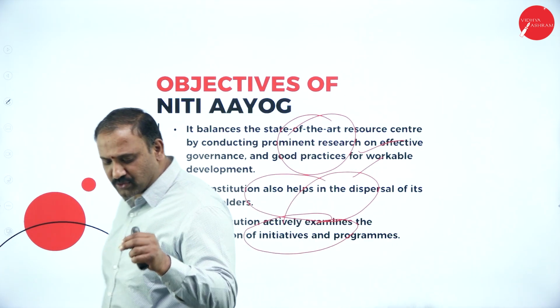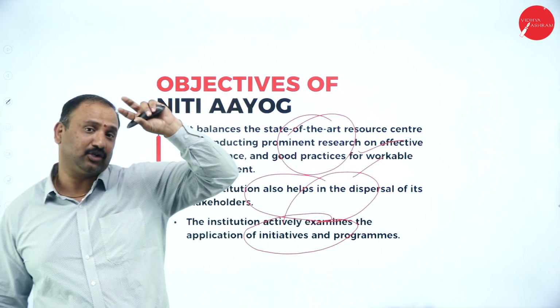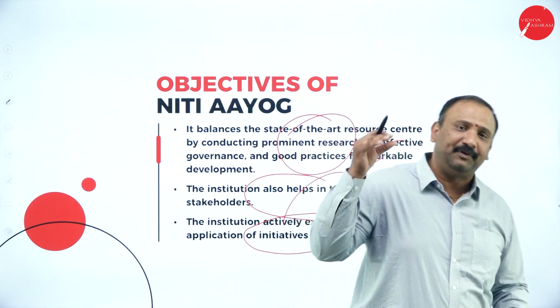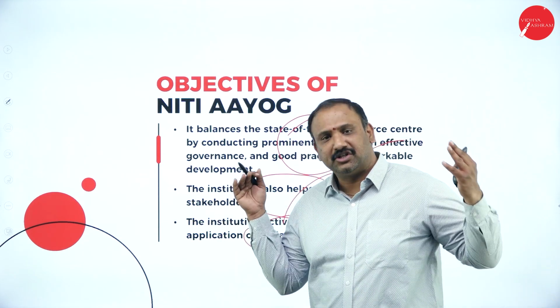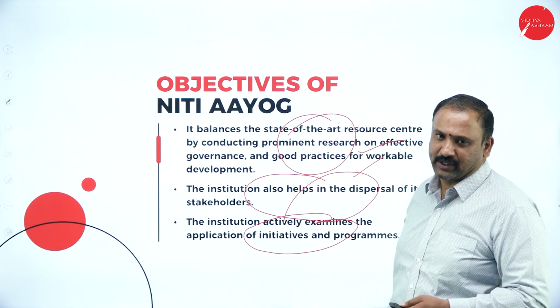So Niti Aayog is not going to be just an organization which looks at top-level policies, but it is going to be involved in each and every activity, in each and every system, where it is going to go forward, think and rebuild the organization altogether.